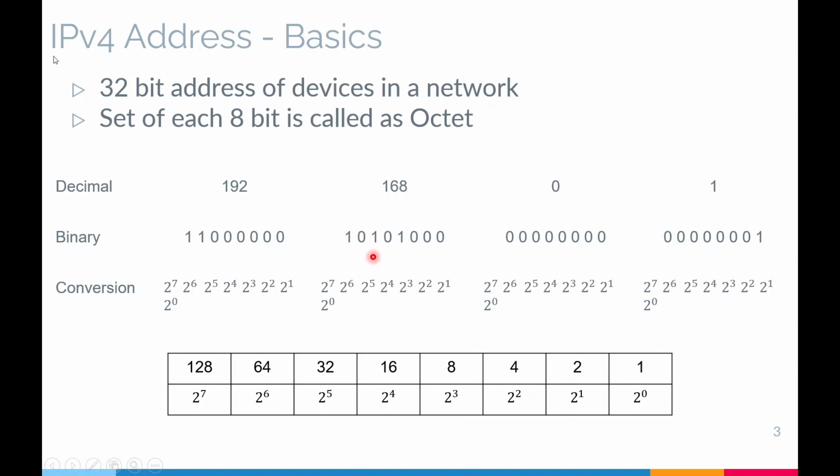Okay, so what we concluded here, so if we check this position, 128 plus 32 plus 8, we get 168, right? So that is how we converted 168 into binary. Similarly, we have 0. Now 0 is quite obvious.